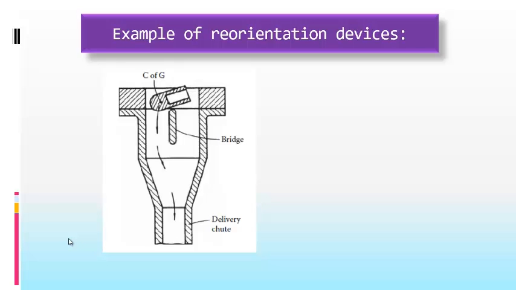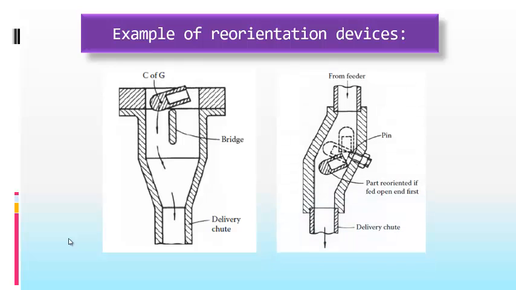Just look at them. In this one, the part will go down on one side and the heavy head will go down, and this will reorient the part. Here the same: the part will hit the pin and the heavy part will go down first.